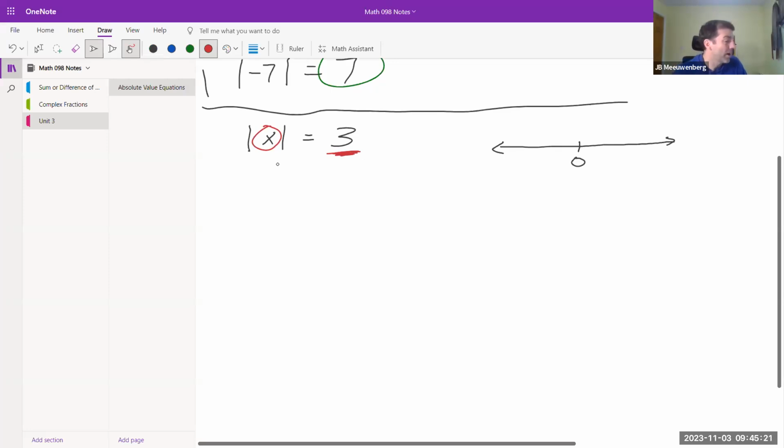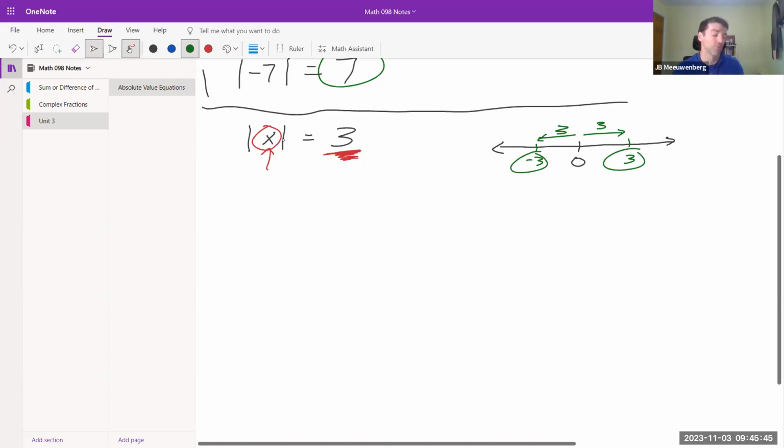Or stated otherwise, what number or numbers are 3 places from 0? So if we look at the number 0 and we say, what's 3 places this way and what's 3 places this way, we actually end up with 2 different answers, -3 and 3.